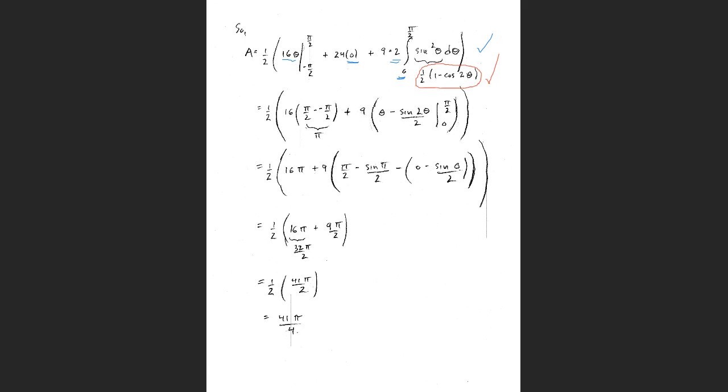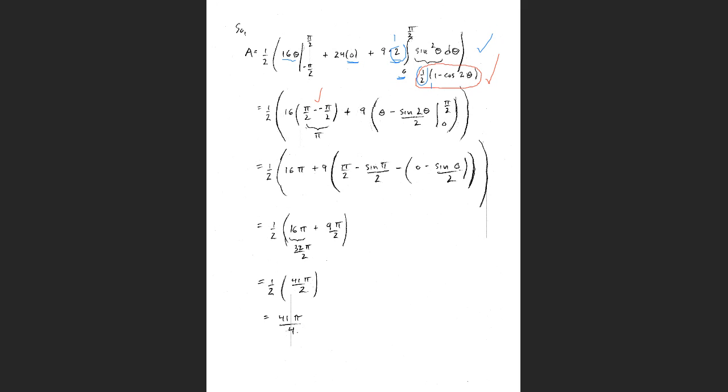So now what I do is I simply start evaluating. I'm going to have 16 times pi minus negative pi over 2, that's going to be 16 times pi. And incidentally, the 2 here and the 1/2 simplified to 1 and 1.